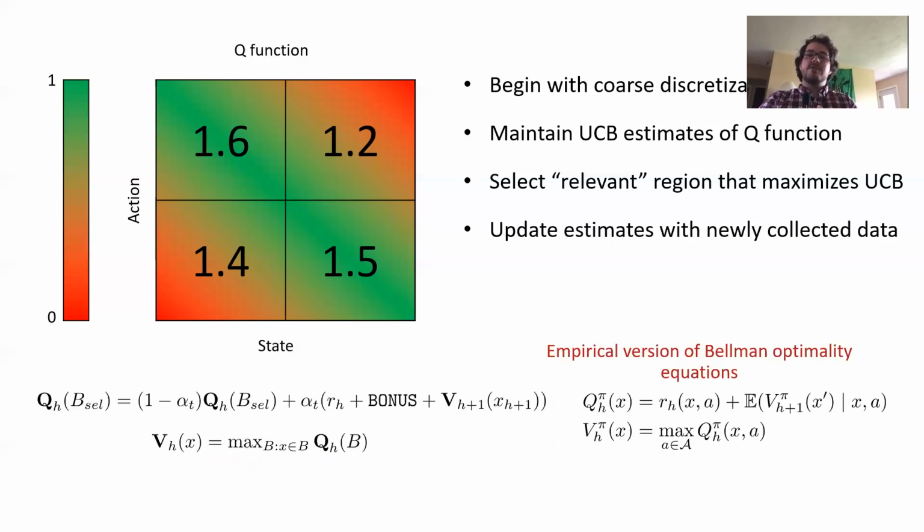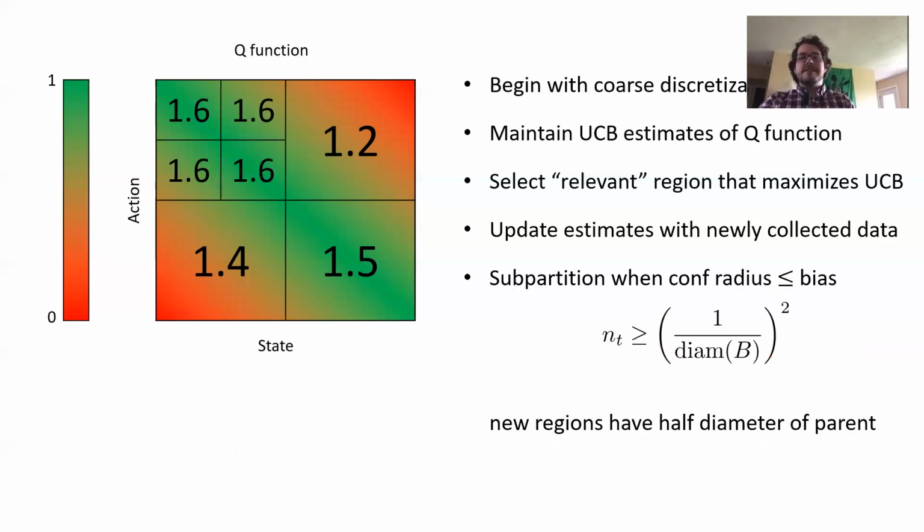And this you can think of as an empirical version of the Bellman optimality equations, where the Q function is defined to be the immediate reward plus the expected future reward, and the value function is equal to the maximum of the Q function, where instead we're taking the Q function to be equal to an empirical reward plus an empirical expectation.